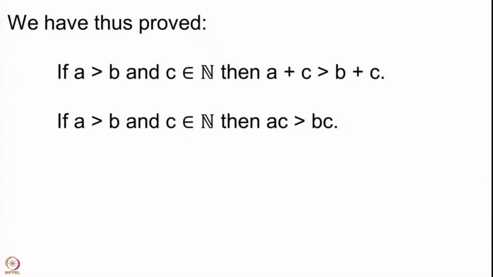We have thus proved that when you have A and B two natural numbers and A is bigger than B, then this order relation is preserved, it is respected by both addition and product within the set of natural numbers. This was about the subtraction, which is the reverse operation of addition.